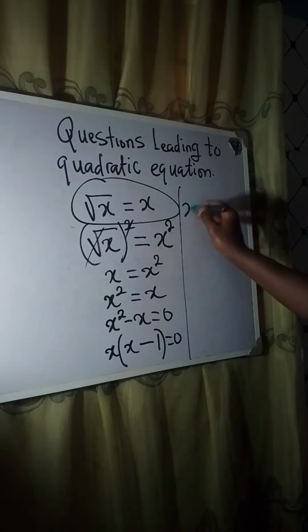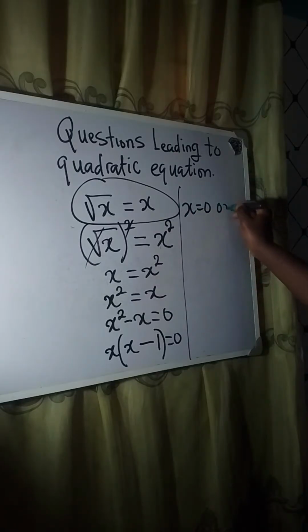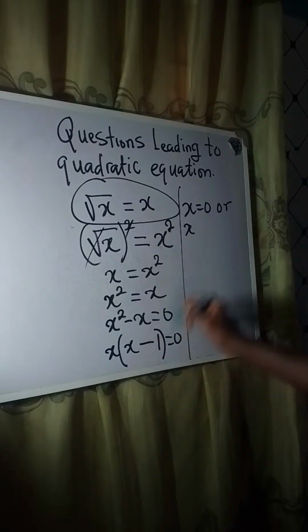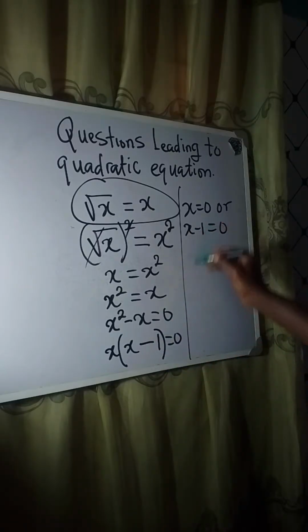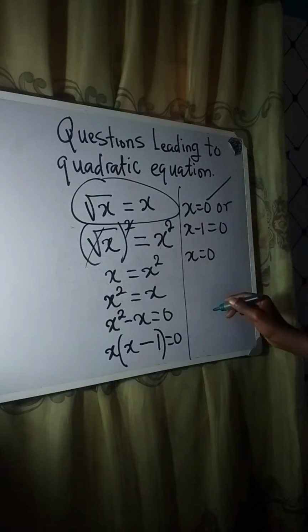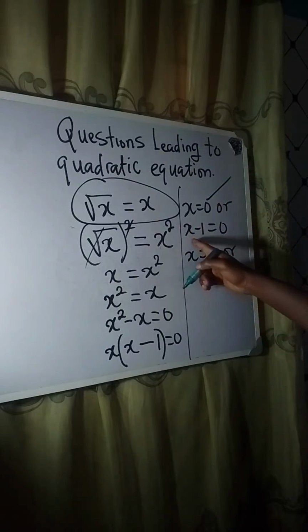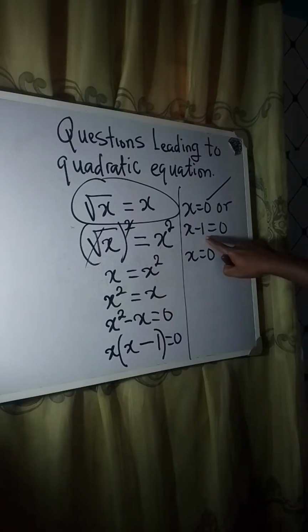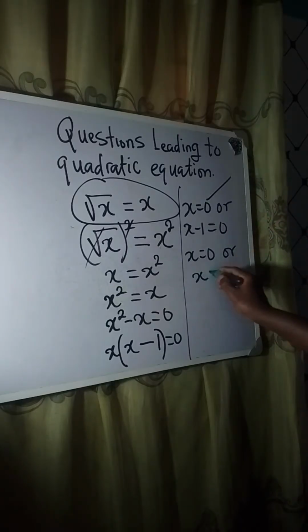So x is equal to 0 or x minus 1 is equal to 0. If you make x the subject, you take minus 1 to the other side and it becomes plus 1. So x is equal to plus 1.